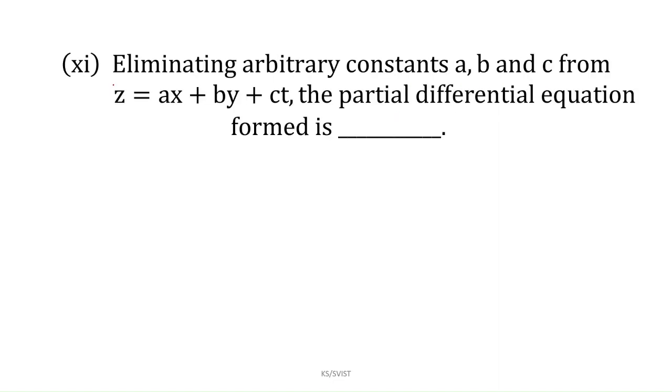Question 11. Eliminating arbitrary constants a, b and c from z equal ax plus by plus ct, the partial differential equation formed. We have to find the partial differential equation from this equation z equal ax plus by plus ct. So if we differentiate z with respect to x, we'll get del z del x, that is p, which is a.